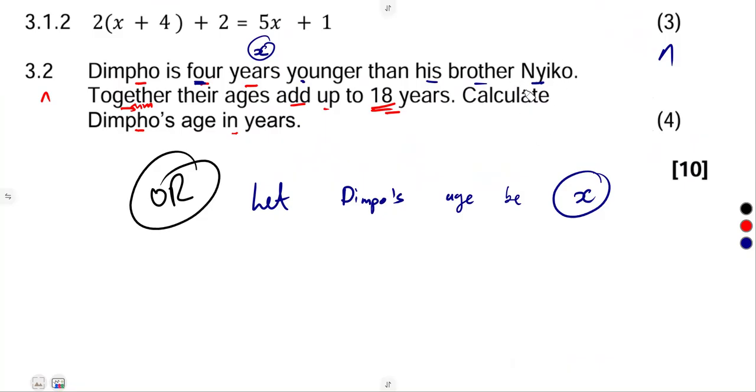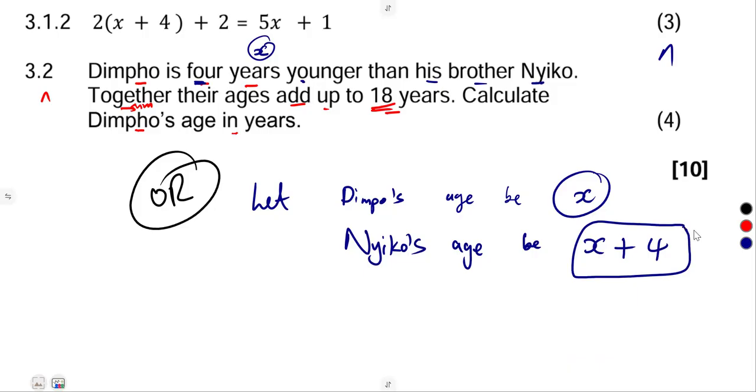So it means his brother, which is Nico's age in that case, must be greater. If Dimpo is 4 years younger, it means the brother is 4 years older than Dimpo's age. Older, we add from that statement. Because Dimpo is younger, but the brother is not. The brother is 4 years older.